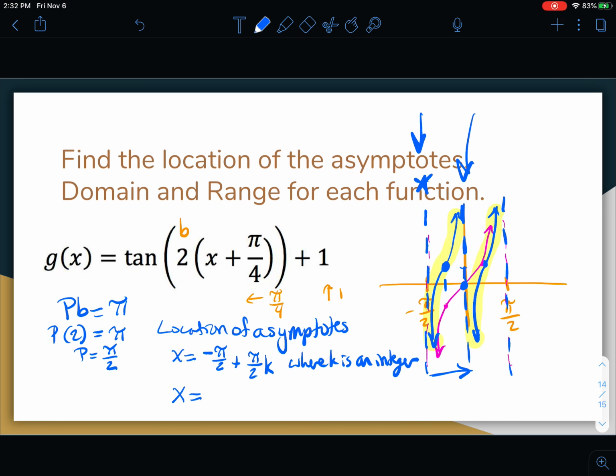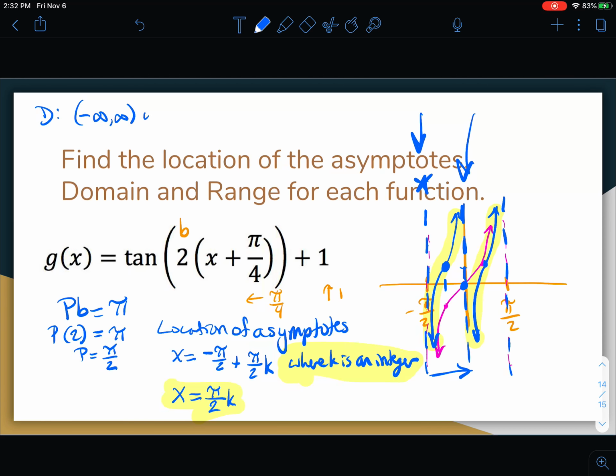Now, I would personally start again at 0, and I would just say, hey, the vertical asymptote is pi over 2 k, where k is an integer. So this is what I would have written. But you can honestly start anywhere and just add that period. And that's what I did here. Pi over 2 is the period.